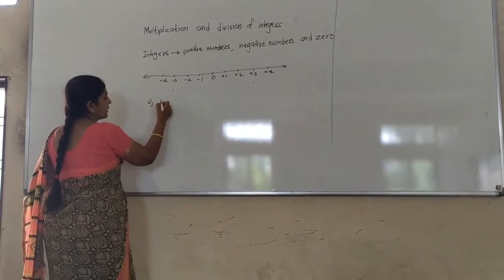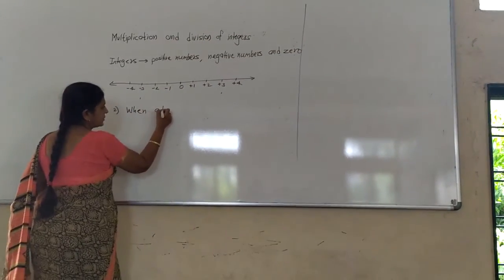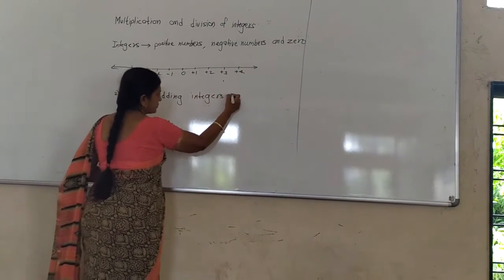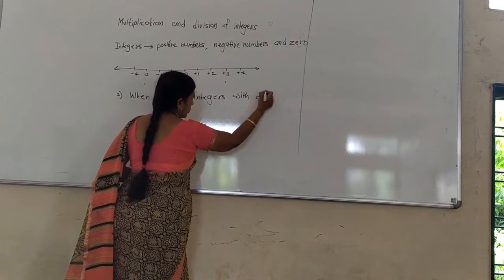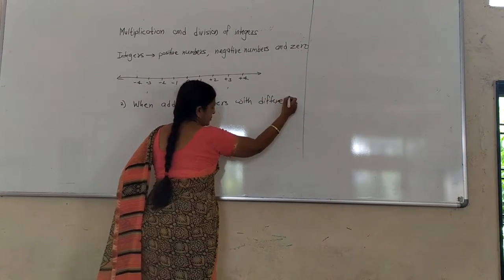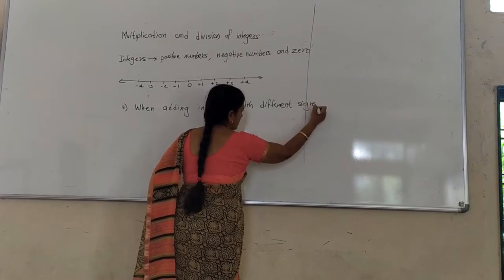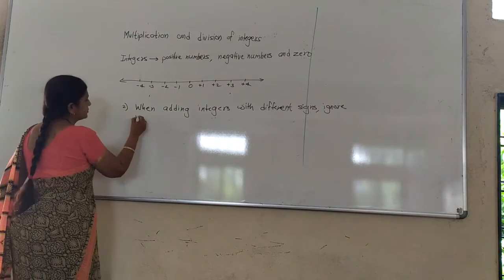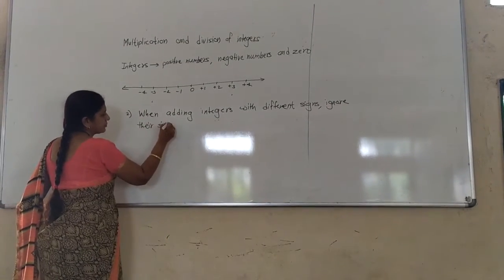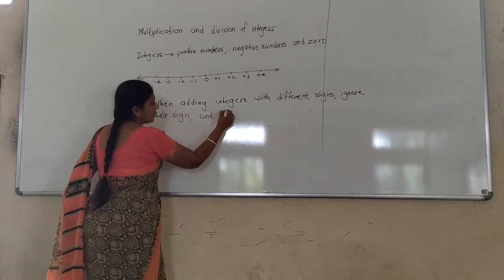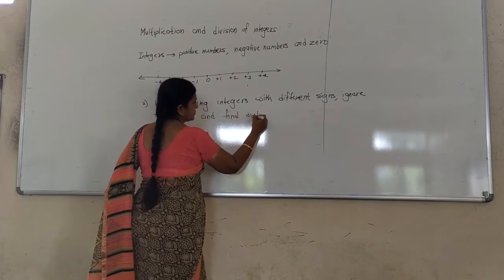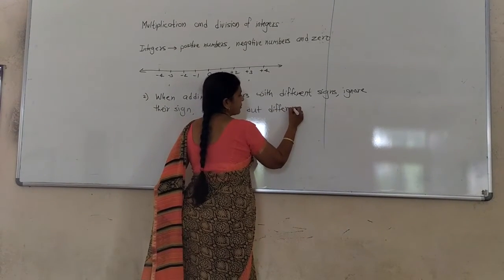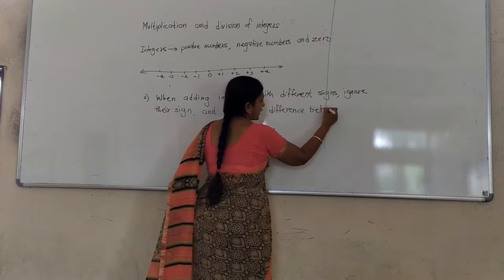The second rule says that when adding integers with different signs, find out the difference between them, the difference between those two numbers.